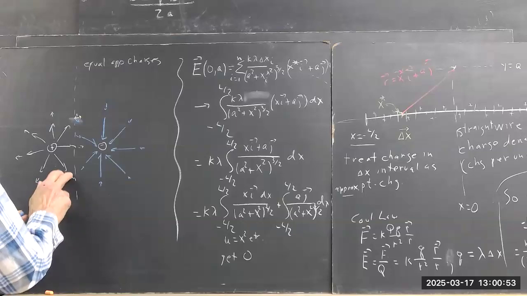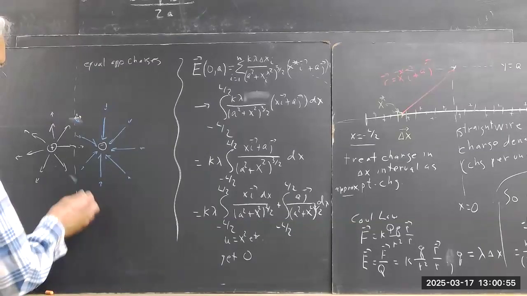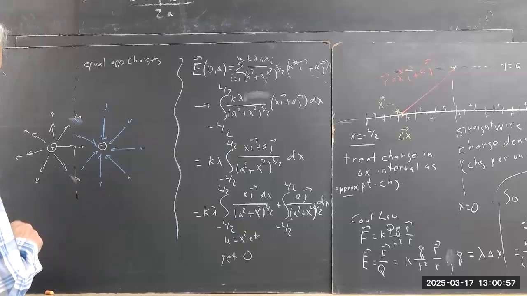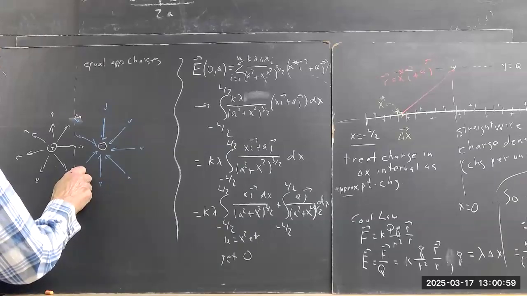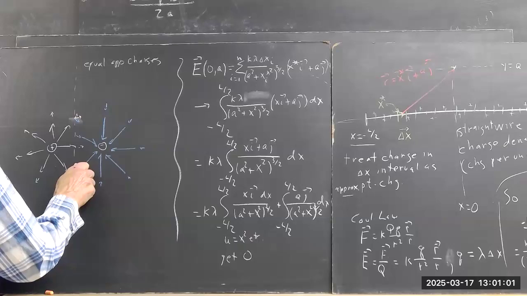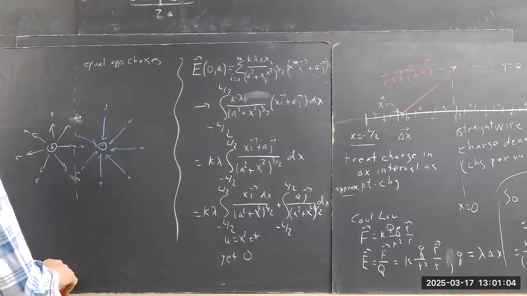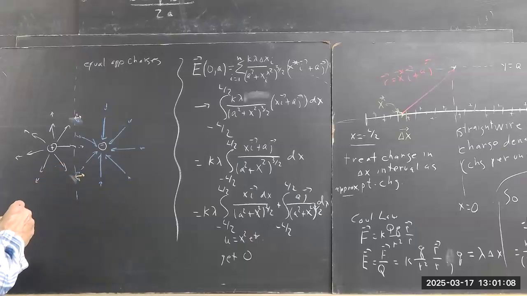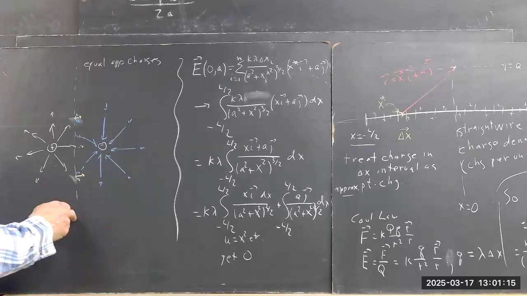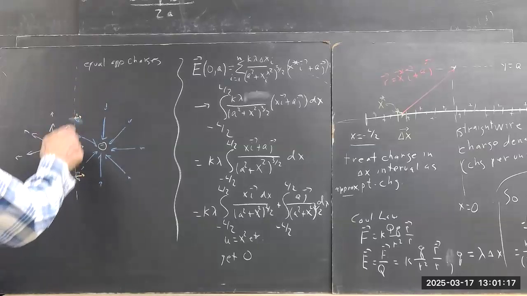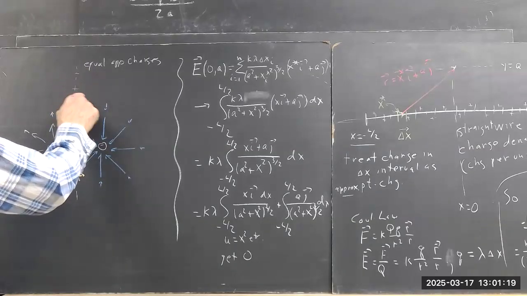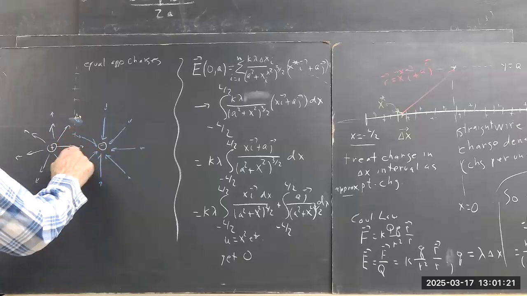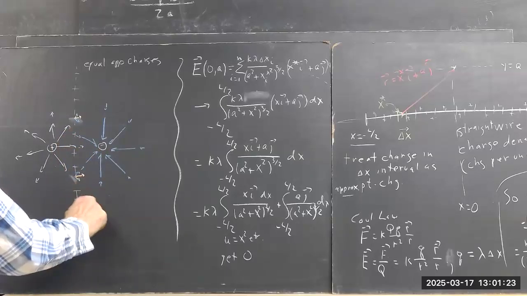Down here, again, in this direction. So all along this line, my force vectors are going to be perpendicular to the line.